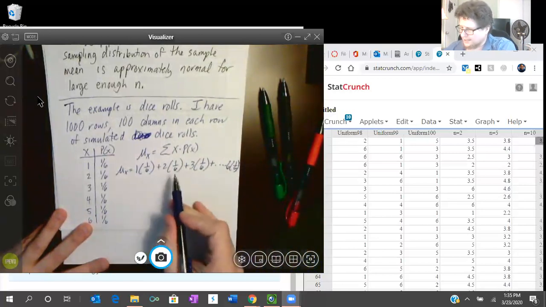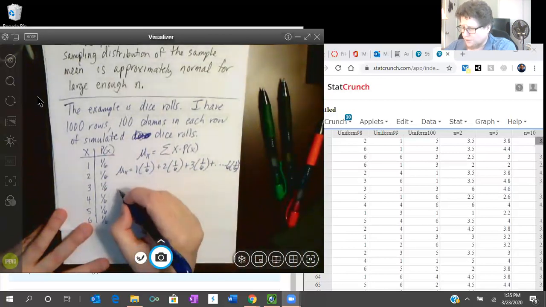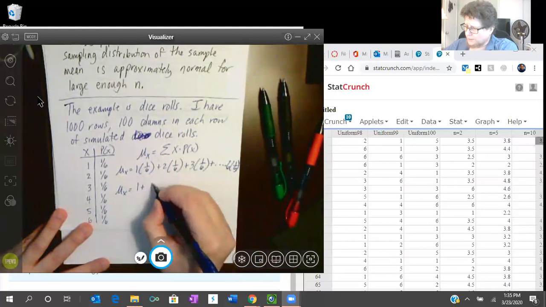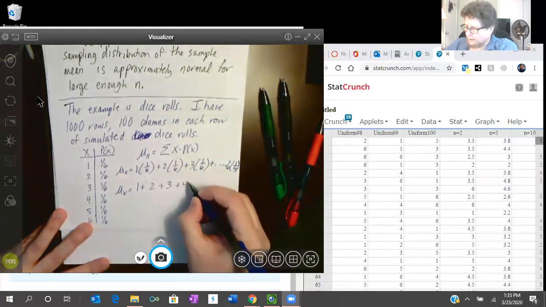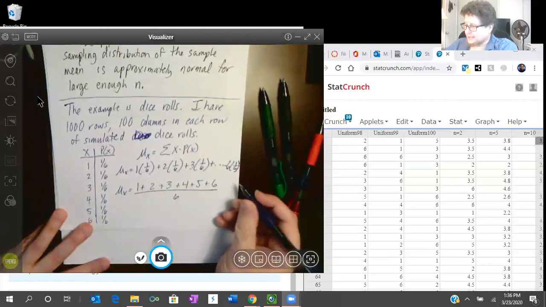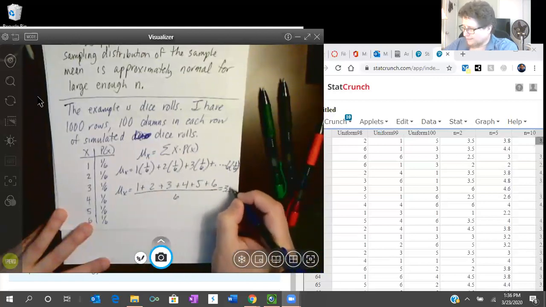I can take these numbers on the outside and multiply them by the numerator. And this just becomes 1 plus 2 plus 3 plus 4 plus 5 plus 6 over 6, which is 3.5.